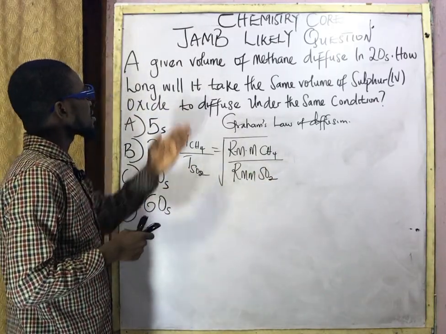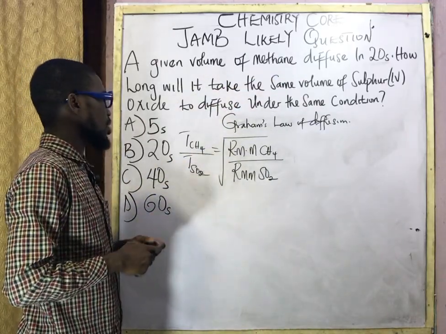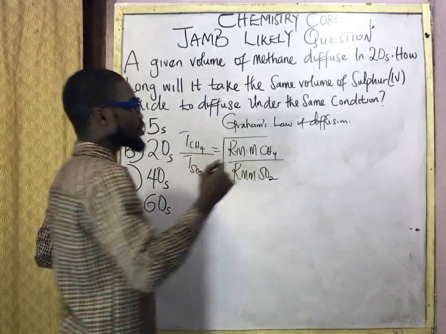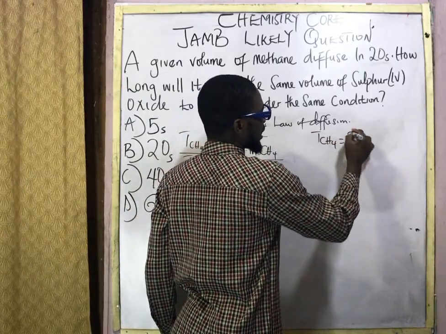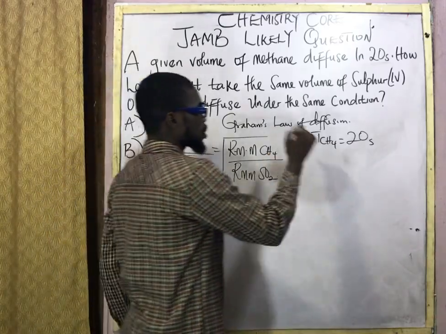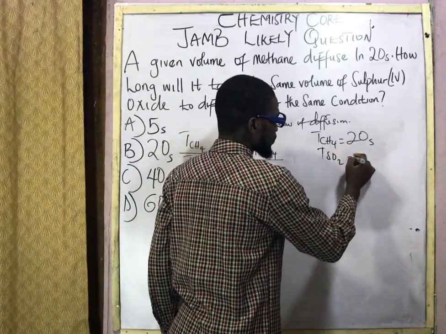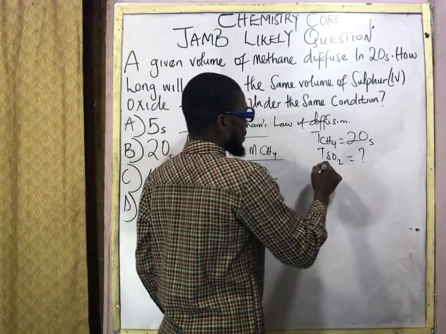Now that a given volume of methane diffused in 20 seconds, the time of methane is given, so we said we have T of methane is 20 seconds. Now, what is the time of sulfur oxide? We don't know it.